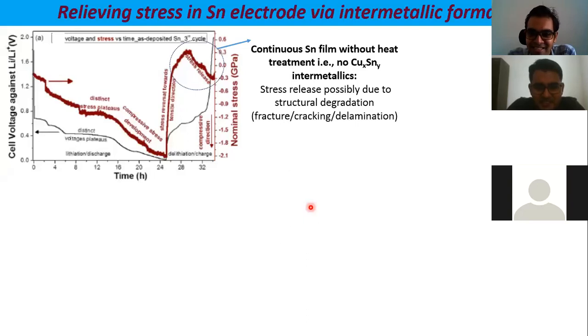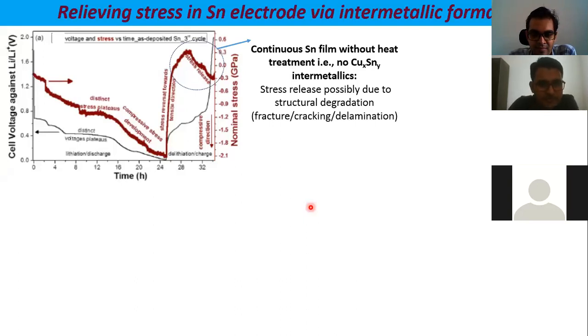Please explain delamination. Delamination: if lamination means you bring layers over each other, delamination means you remove those layers from the bulk of the material. In a battery, delamination means removal of your electrode film from the current collector.